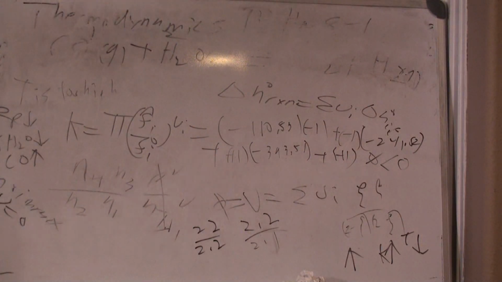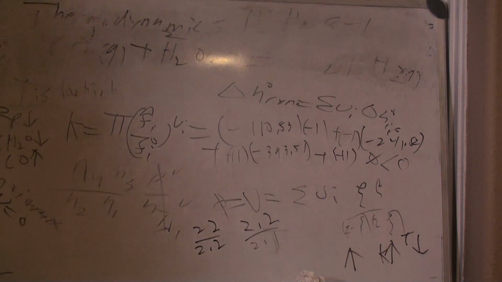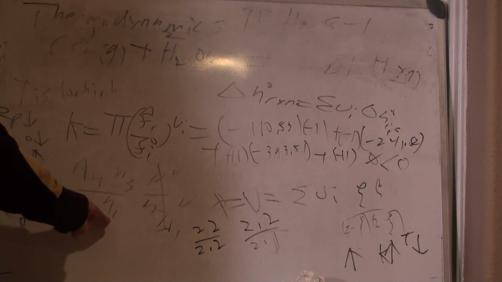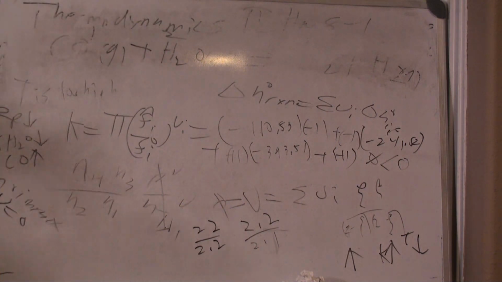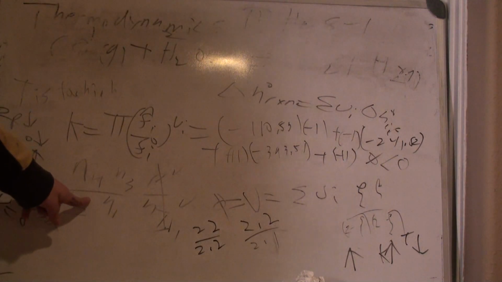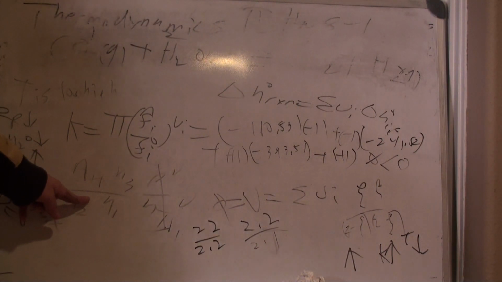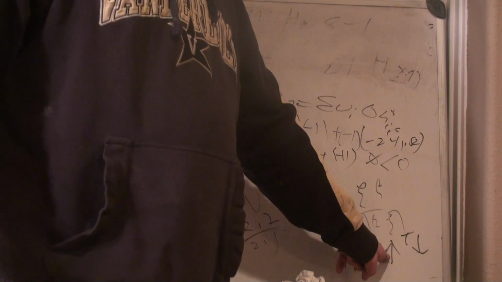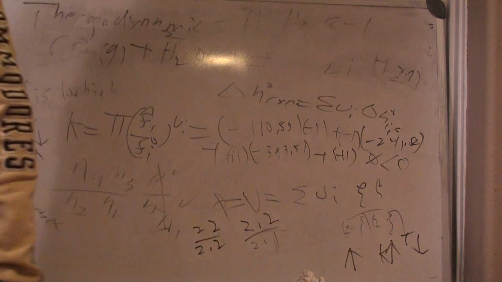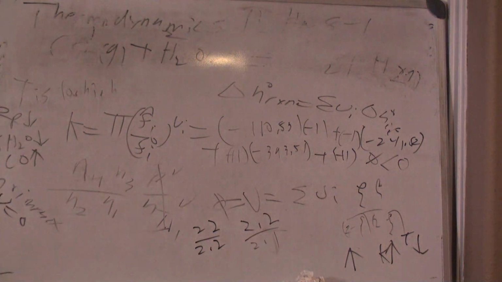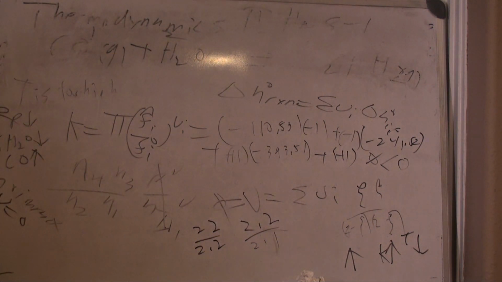The reason is that because this is an exothermic reaction, a lower amount of reactants will result in a higher K. That train of thought: lower amount of reactants, because the conversion is the same, results in a higher K, and a higher K results in a lower required temperature, because it's exothermic.